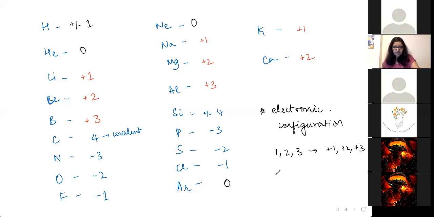But if it is 4 to 8 electrons, then it is the number of electrons minus 8. Whatever value comes, that is your valency. So for example, if there are 6 electrons in the last shell, then your valency is 6 minus 8, that is equal to -2. Valency will be -2.